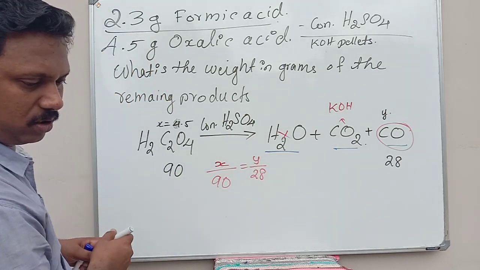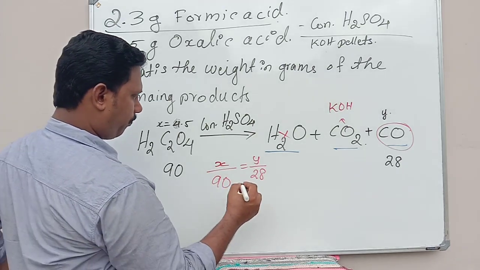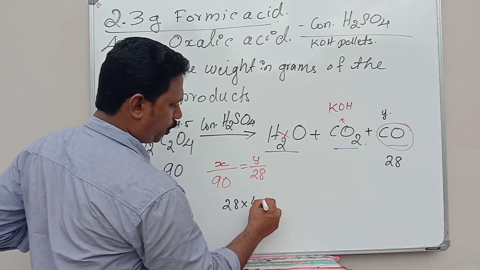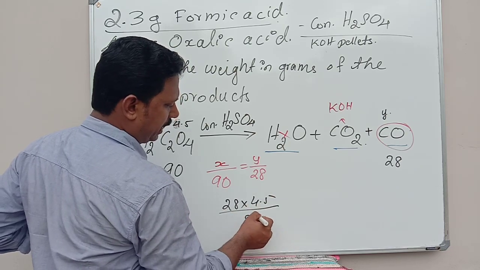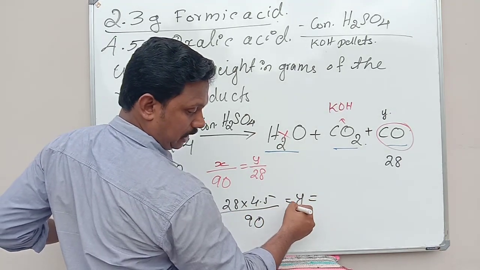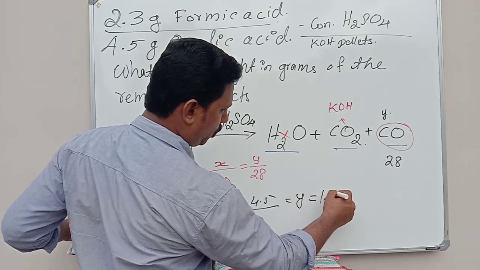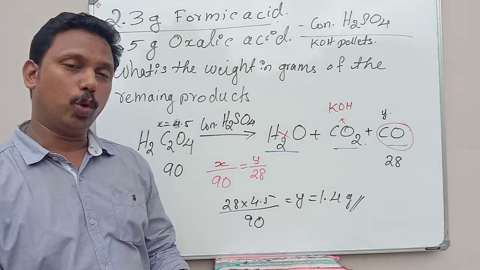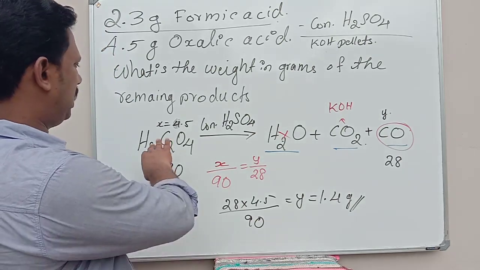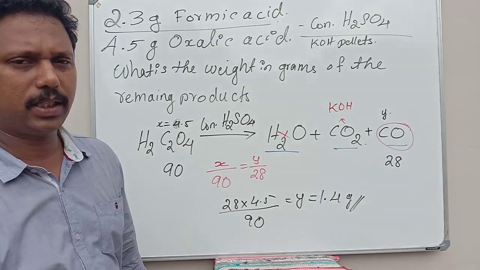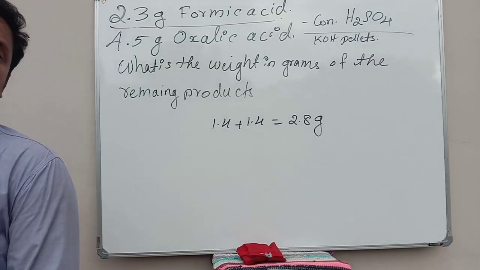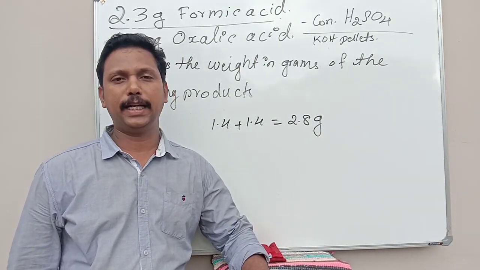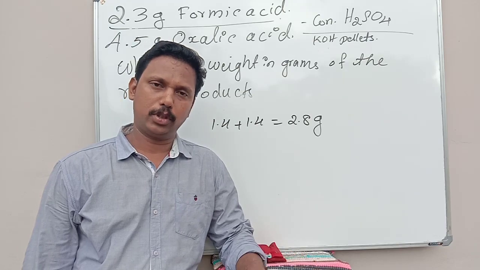When you solve this, 28 into 4.5 divided by 90 is equal to Y, and you will get the answer as 1.4 gram. So you get 1.4 grams of CO when you dehydrate this oxalic acid with concentrated H2SO4. The total is 1.4 plus 1.4, 2.8 gram. 2.8 grams of CO.